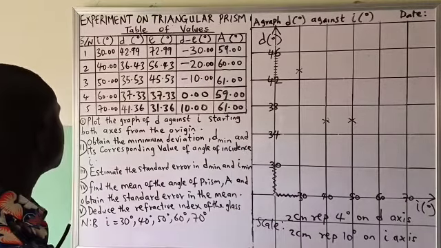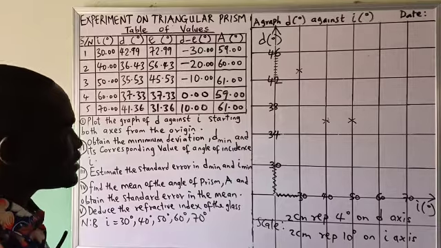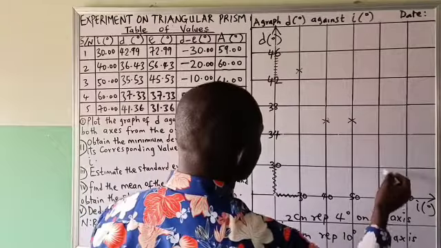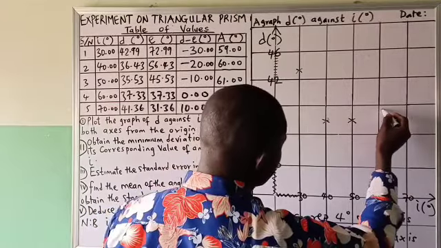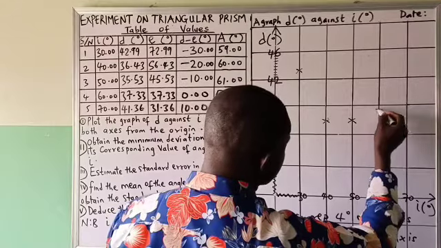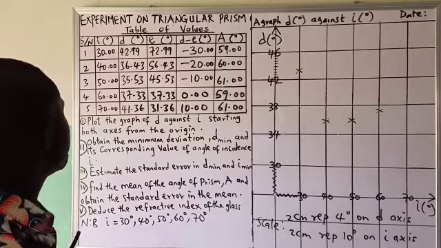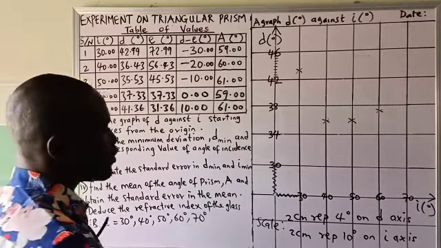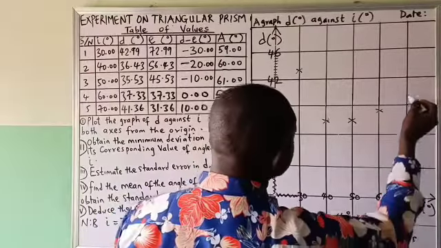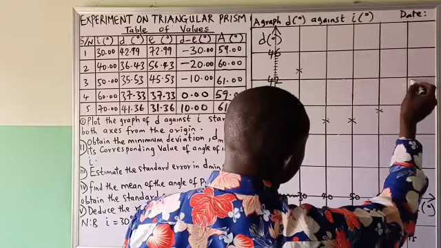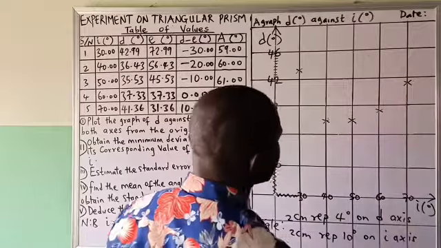Then the next one, 60 against 37. I will have it like this. That is 60 against 37. Then 70 against 41. 41 should be around here. I will have it like this.